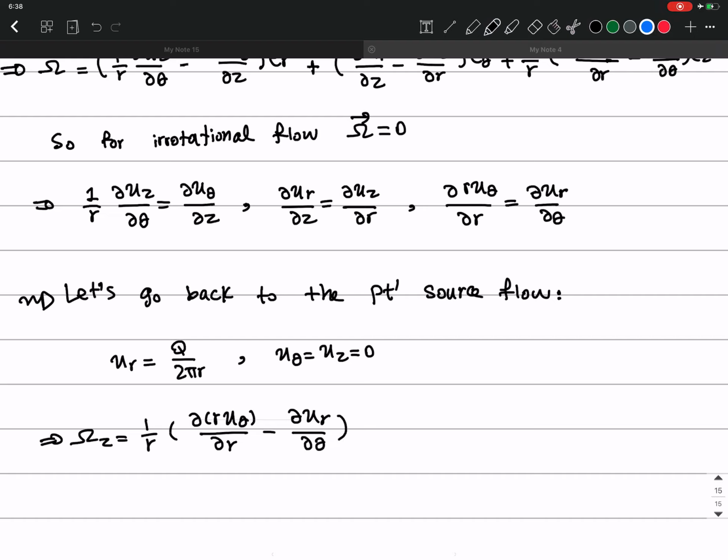Okay, and we know that u theta is 0, so this component is going to be 0, and the derivative of ur, which is this function, with respect to theta, what is that? It's just 0. It doesn't have any theta dependency in itself. So this omega z is going to be 0.